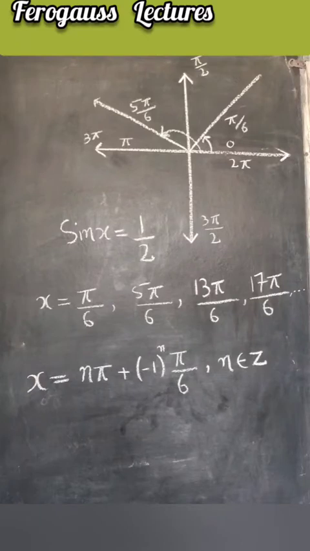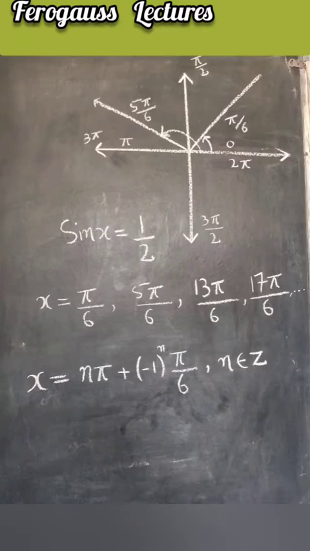If n is 0, then x is equal to pi by 6. If n is 1, then x is equal to pi minus pi by 6, that is 5 pi by 6. If n is 2, then x is equal to 2 pi plus pi by 6, that is 13 pi by 6.